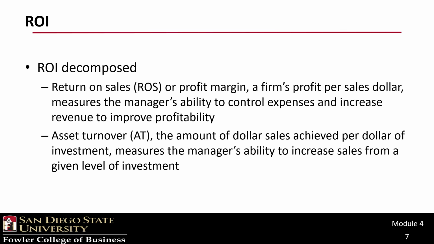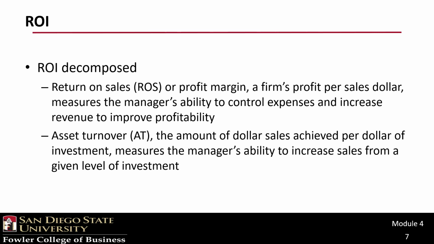And then the other measure is asset turnover, which is the amount of dollar sales achieved per dollar of investment. That measures the manager's ability to increase sales from a given level of investment. So that's often used to measure the number of turns you have in your inventory. That's why it's called turnover, right?